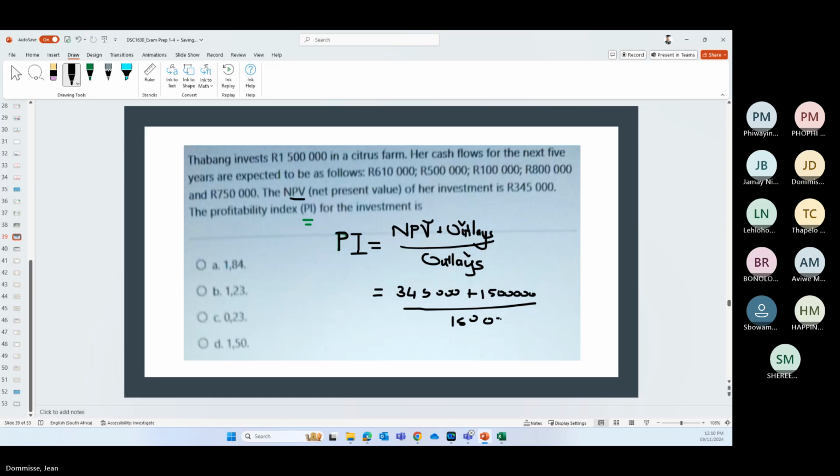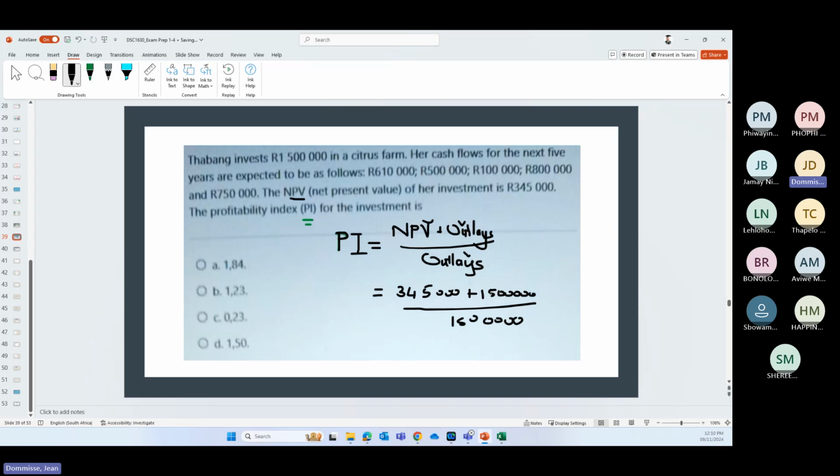Even just looking at it, I haven't seen a profitability index less than one unless your net present value is negative.